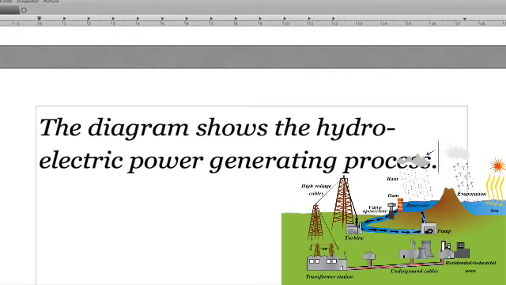for the first part of the process anyway, there is some dependence upon natural forces.